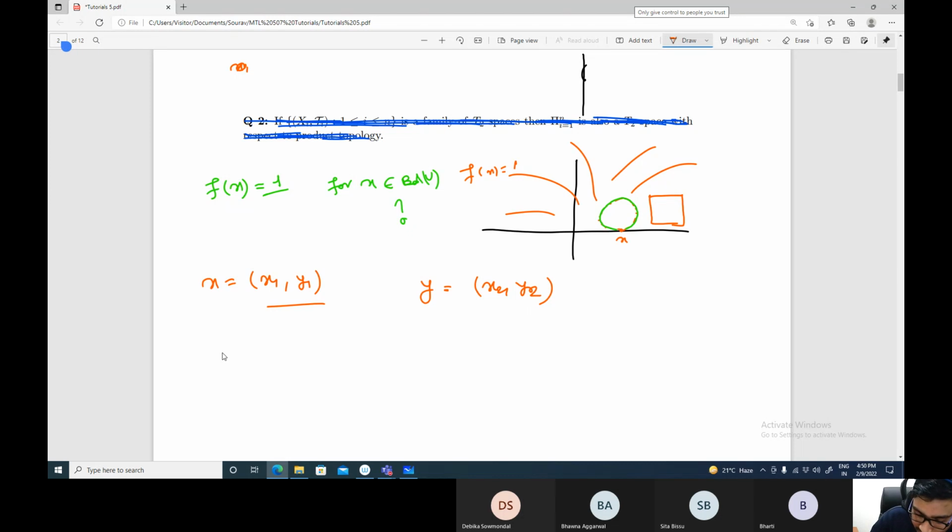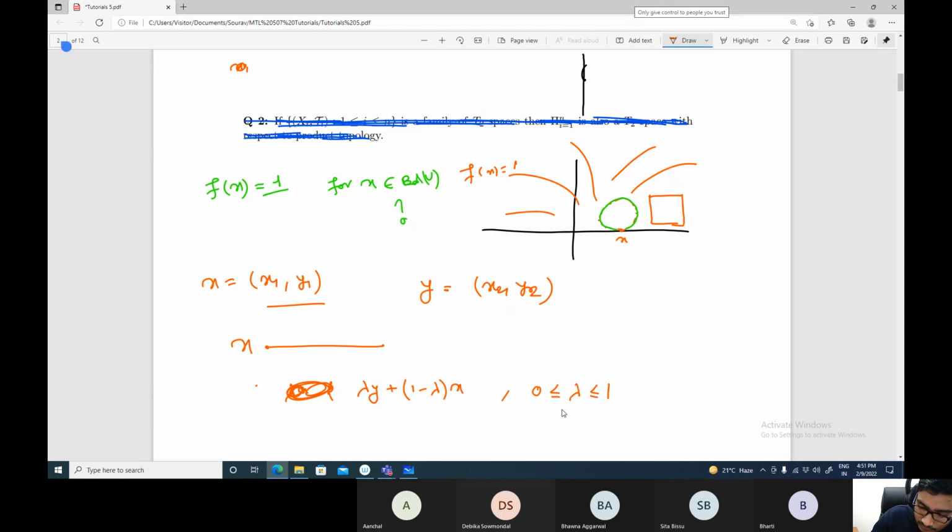If you consider the line from x to y, a typical point is lambda of y plus (1 minus lambda) of x, with 0 less than or equal to lambda less than or equal to 1.